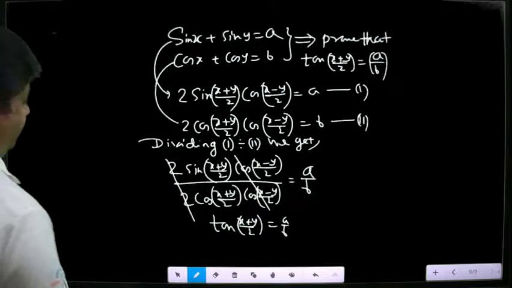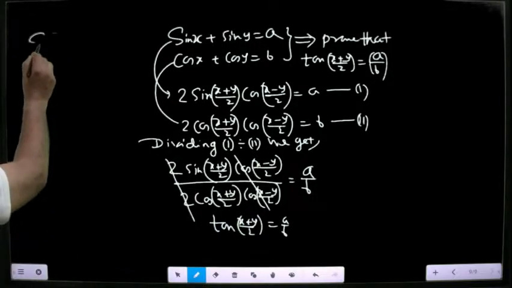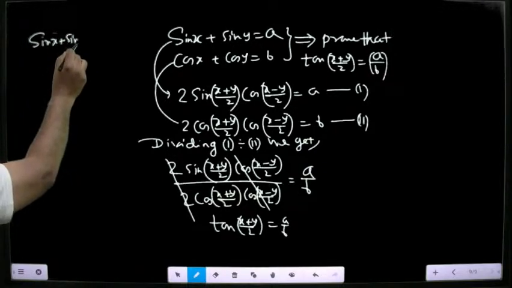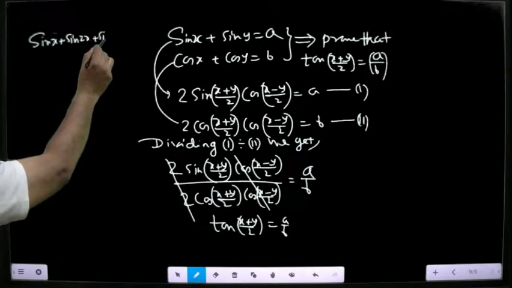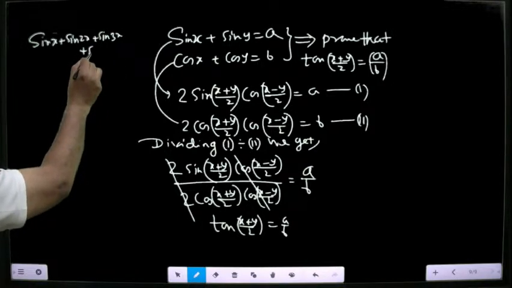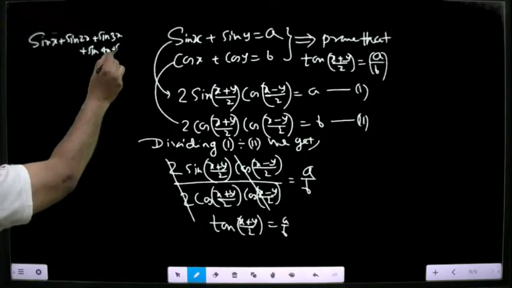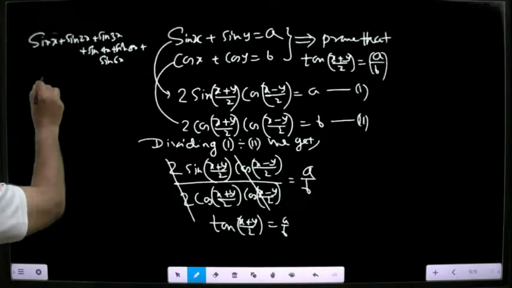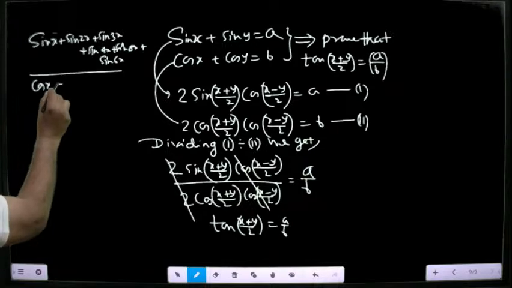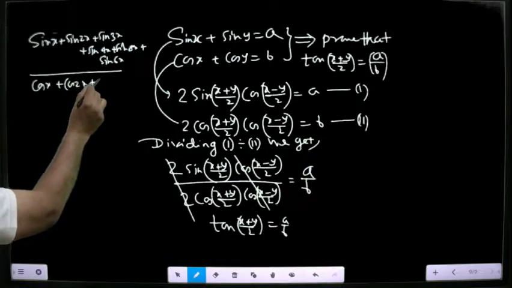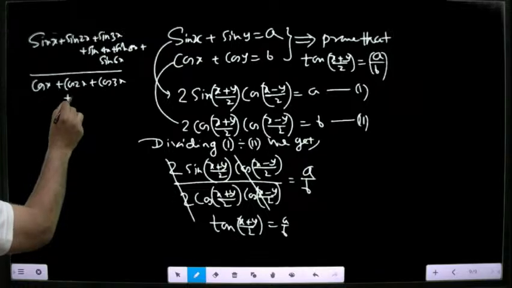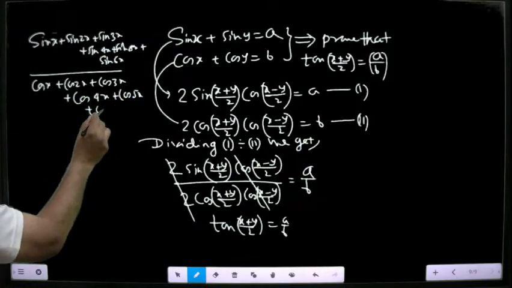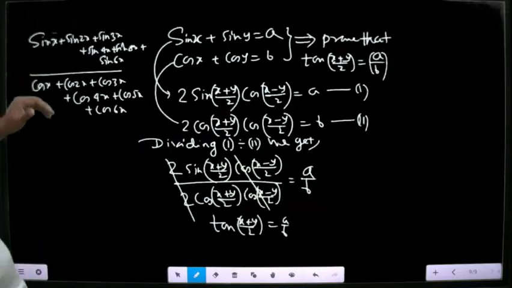Now suppose you have got one sum like this: sin x plus sin 2x plus sin 3x plus sin 4x plus sin 5x plus sin 6x by cos x plus cos 2x plus cos 3x plus cos 4x plus cos 5x plus cos 6x, and you are told to simplify it.